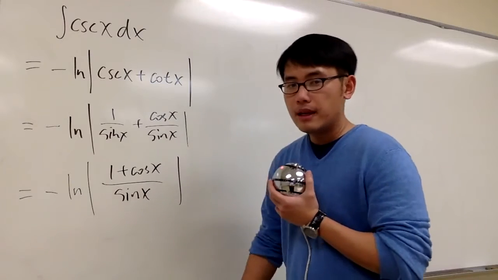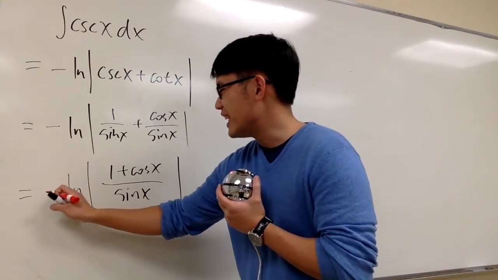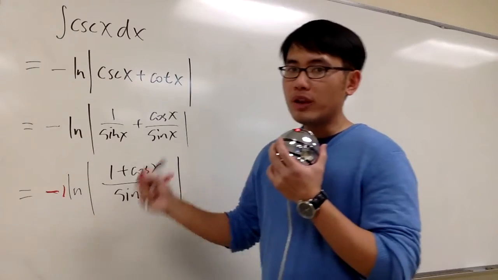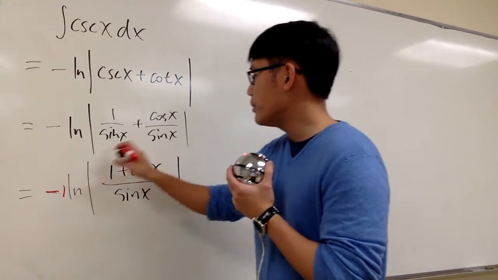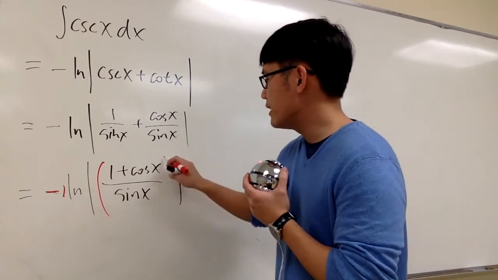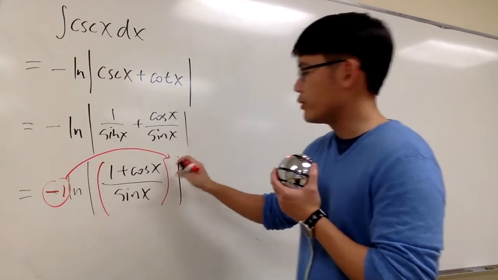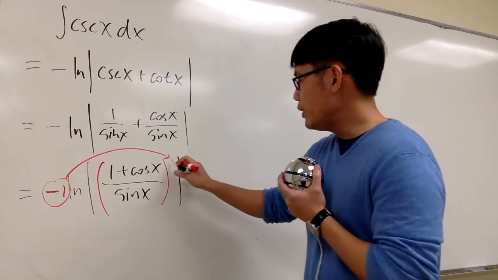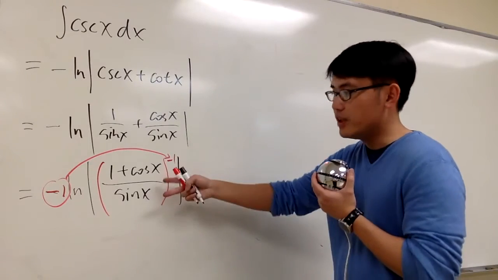Okay? And now let's look at what we have in front. This is negative. This is like negative 1. By one of the ln properties, we can take this up to the exponent. So let me just look at this as a quantity and then bring the number up to the exponent. If you have the negative 1 right here, we can just take the inside and flip it.